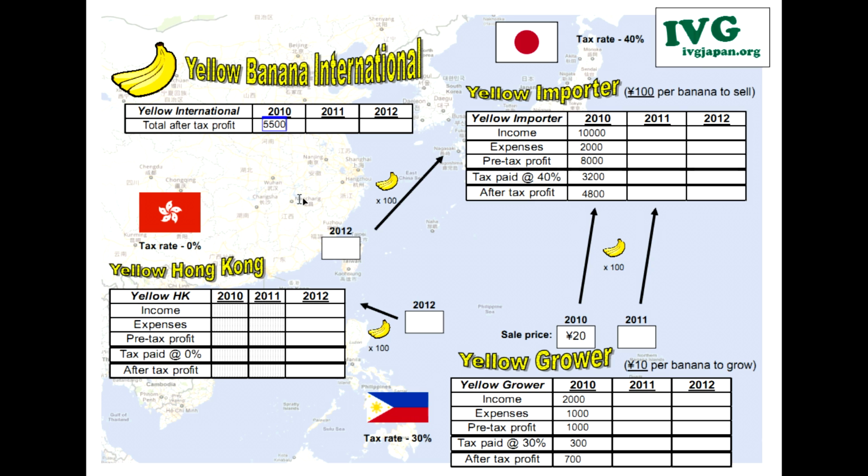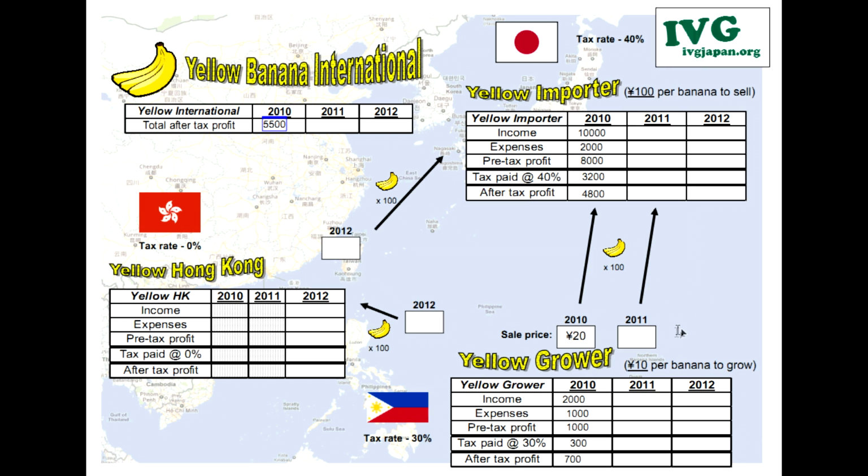So at this point, Yellow Banana's shareholders start to get a bit tetchy. They think the company should make more money than 5,500 yen a year, and so they put pressure on the chief executive to increase profits for next year. So this is where the phenomenon of transfer mispricing comes into play.